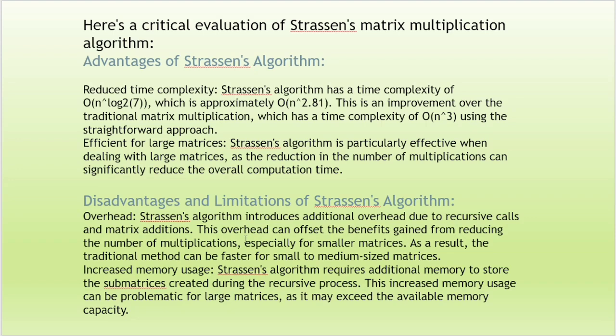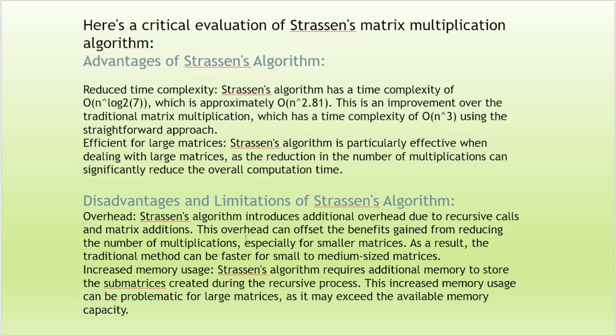This is an improvement over the traditional matrix multiplication, which has a time complexity of O(n^3) using the straightforward approach. Efficient for large matrices: Strassen's algorithm is particularly effective when dealing with large matrices, as the reduction in the number of multiplications can significantly reduce the overall computation time.